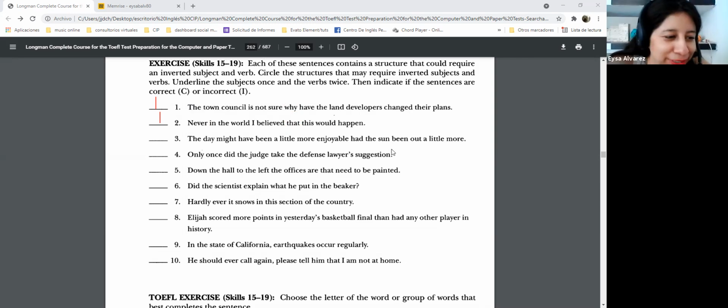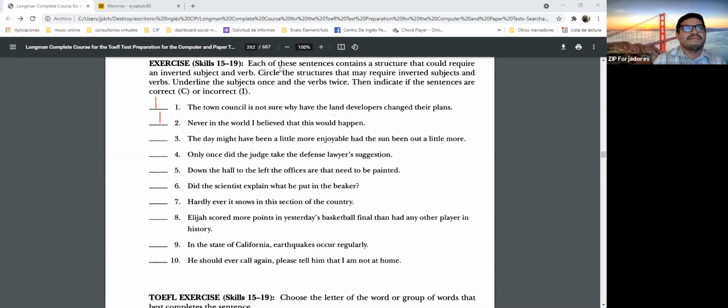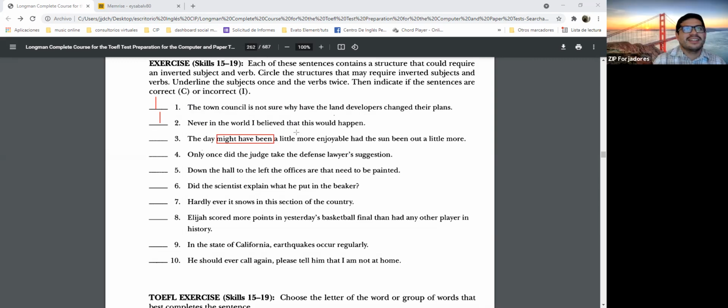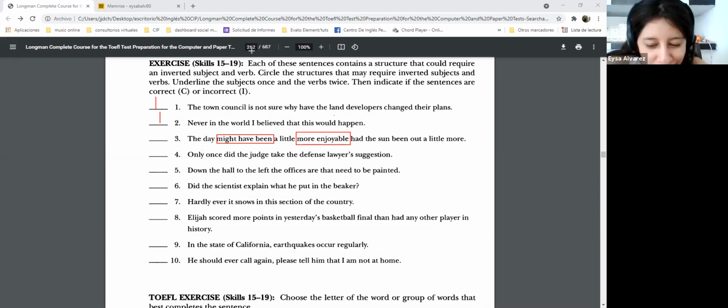In number three, I have that the day is the subject. We have might, that is a modal, and has been is the verb. And we have the comparative that is more enjoyable. Then we have, one more time, the auxiliary, had, and then the subject, the sun, and then the action that is being out.